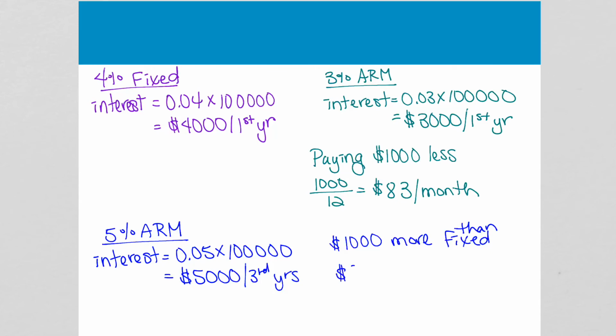So you're paying $83 a month more now. That's why you have to be careful with adjustable rate mortgages.